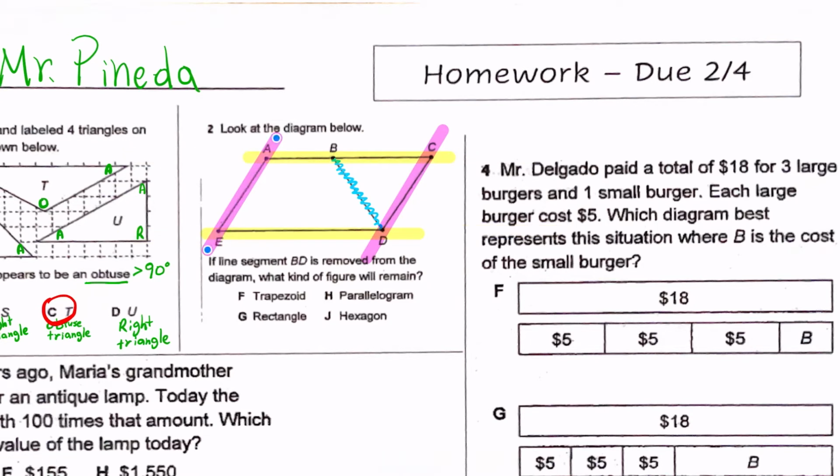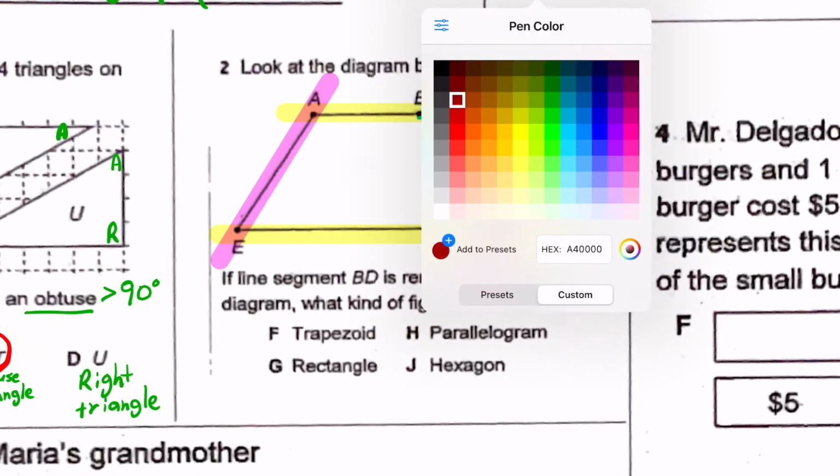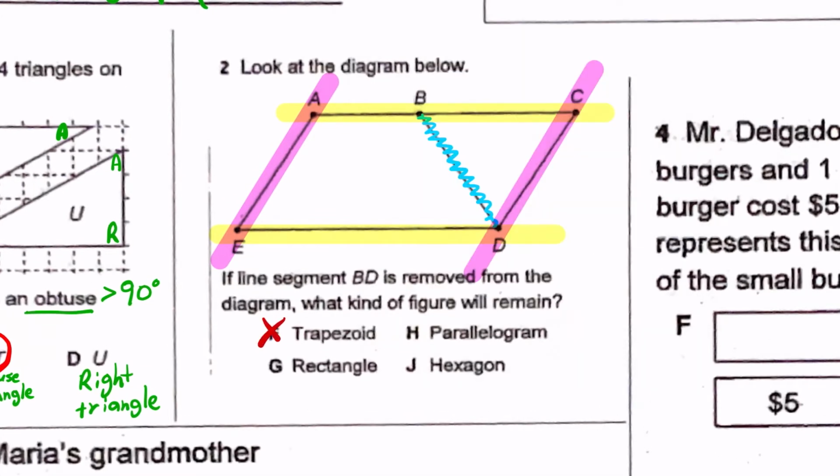And if you look at the pink ones, if they keep expanding farther, they're still not going to touch. So you have two pairs of parallel lines. So I know that the answer is definitely not F. It's not a trapezoid because a trapezoid only has one pair.